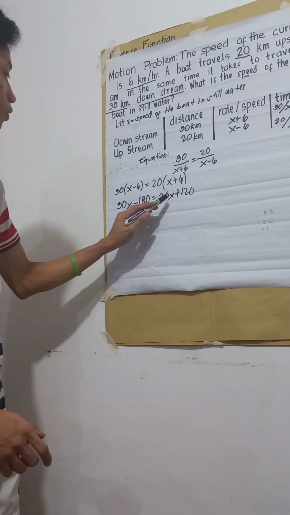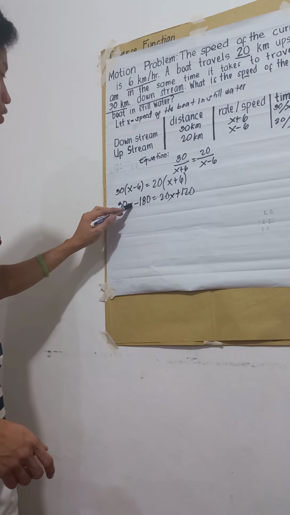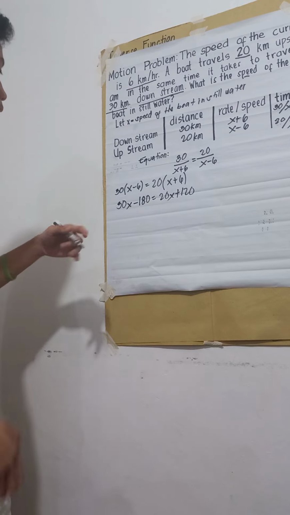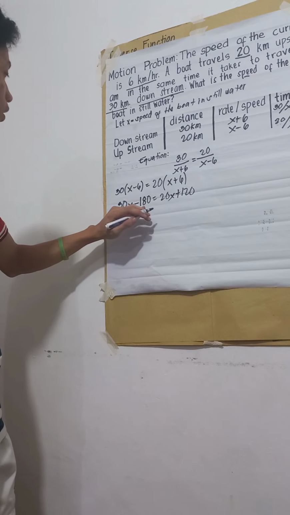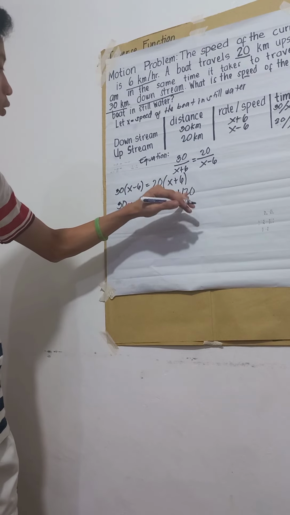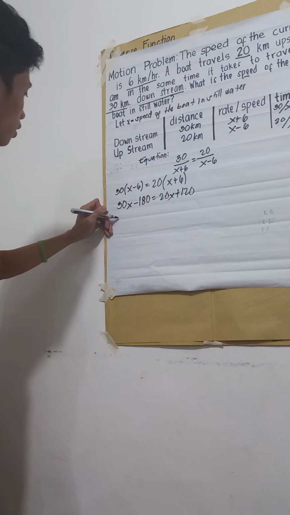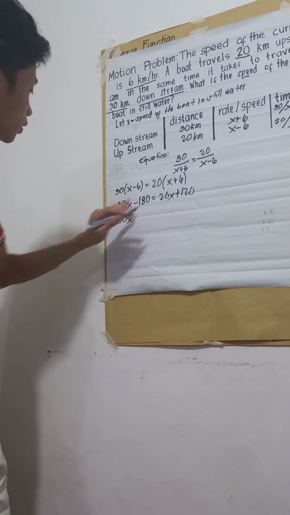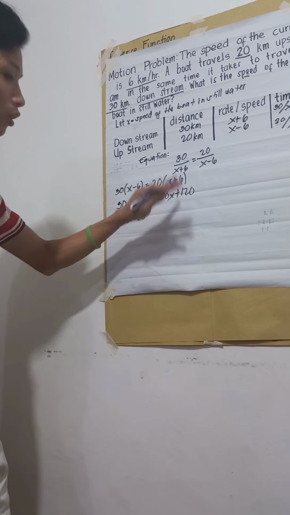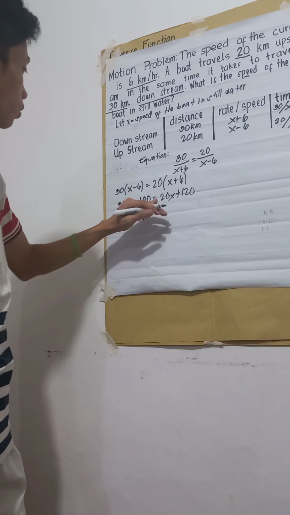20x, we're going to move that to the left side of the equation. And this 180, we're going to move to the right side. So that would be 30x minus 20x, because we cross the equal sign.